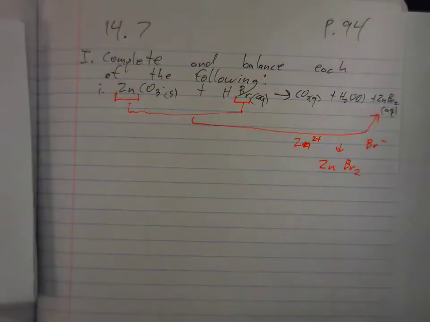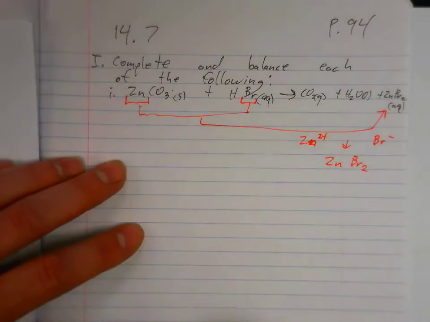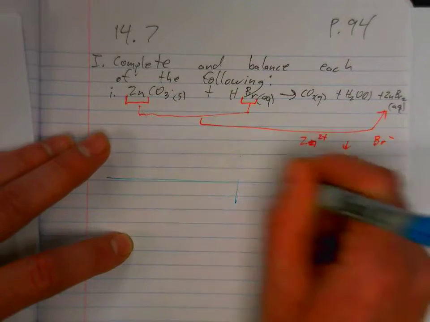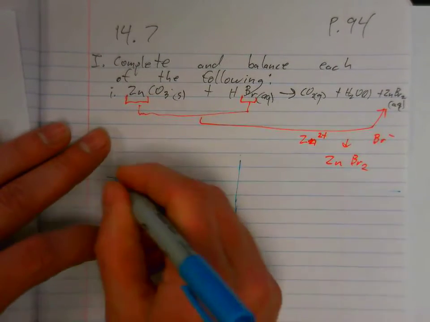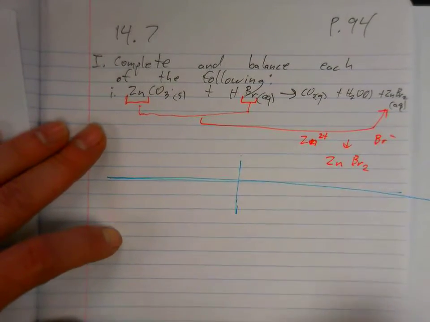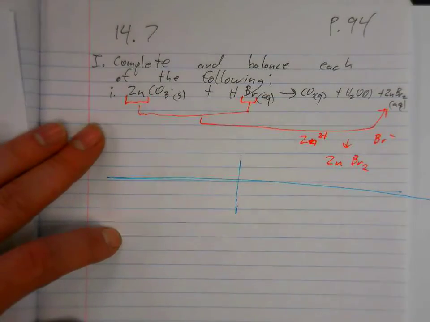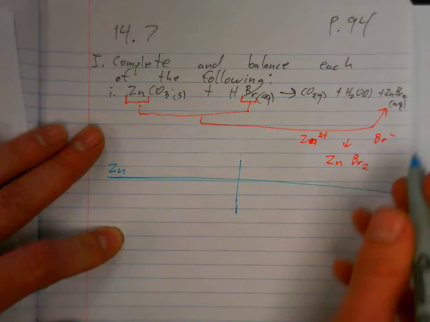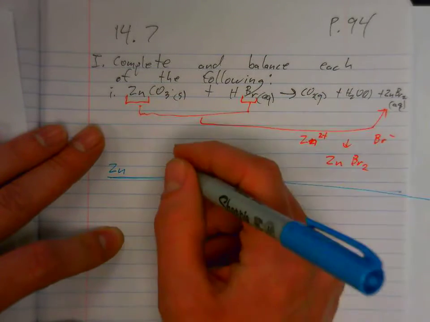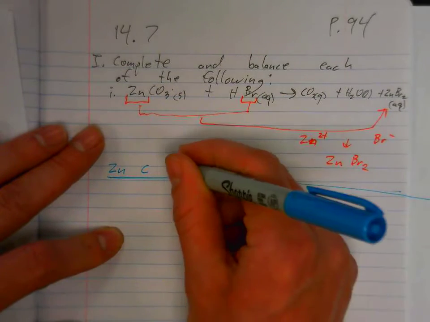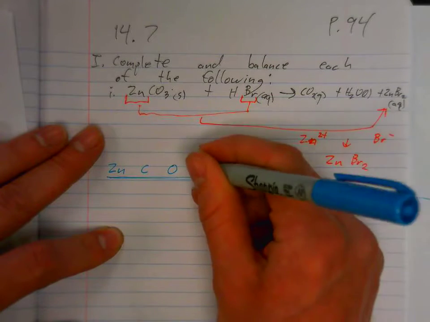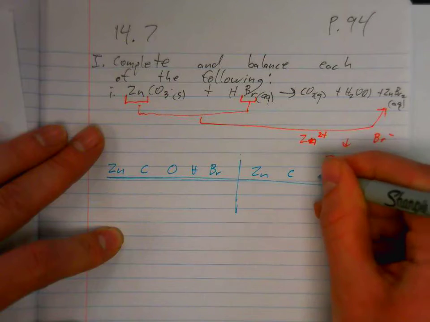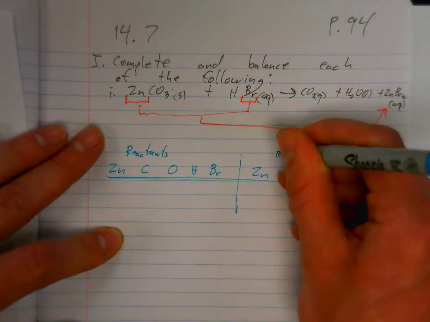Now we need to balance the equation. So we can make our T-table. We have zinc, carbon, oxygen, hydrogen, and bromine. We have the reactants.